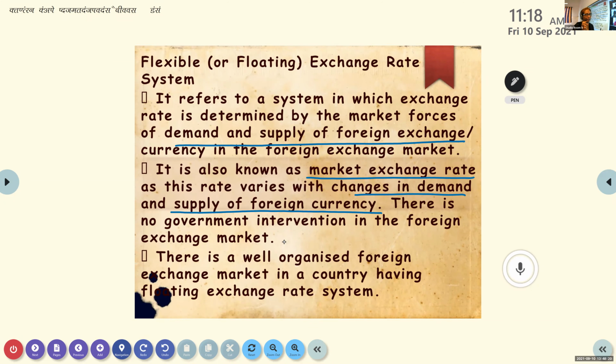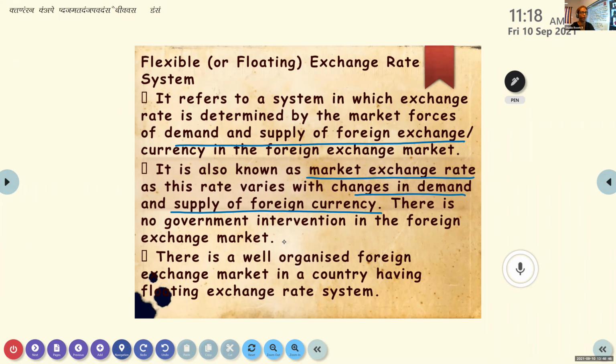In any area, any situation, if there is a high demand for a good, you know that prices will increase. The same way, you can take currency also like that. If the demand is very high for the currency, then the price also will be very high.